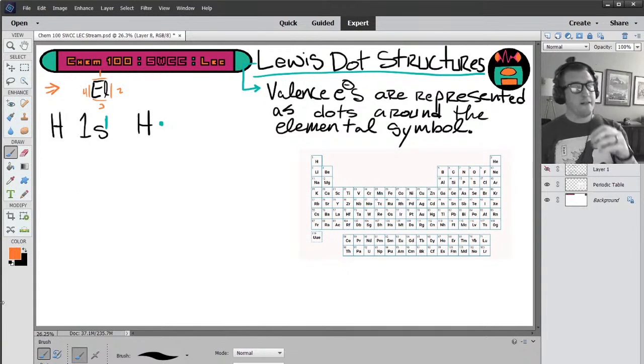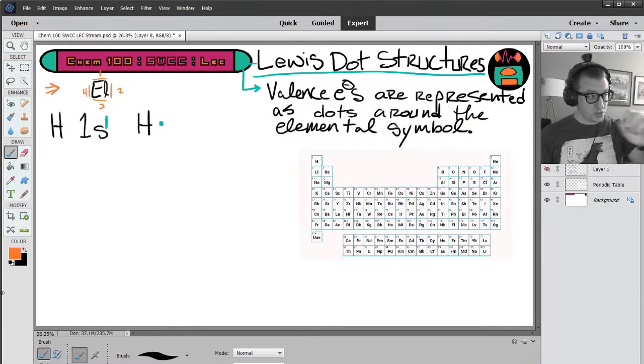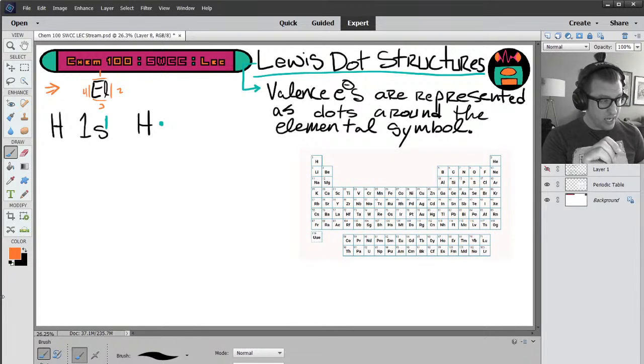And you'll see as we start adding more dots that I'm going to move around the elemental symbol to each side and fill them individually before I start double filling.